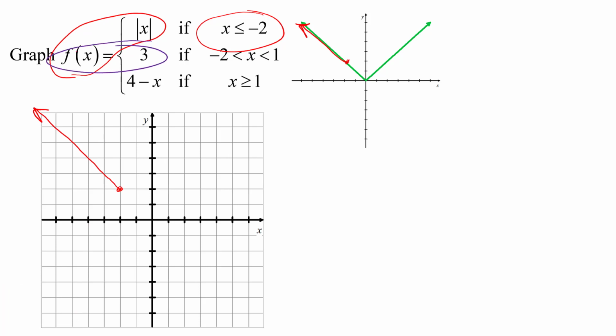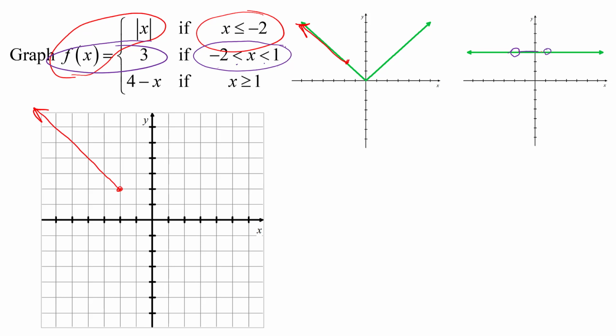And then we move on to our next function, which is f of x equals 3. I've sketched that here. And this part of the graph, we want negative 2 less than x less than 1. Because we don't have an equals with the less than signs here, we're not going to include x equals negative 2, and we're not going to include x equals 1. We'll put open circles at both of those points on this graph, meaning the points are not included.